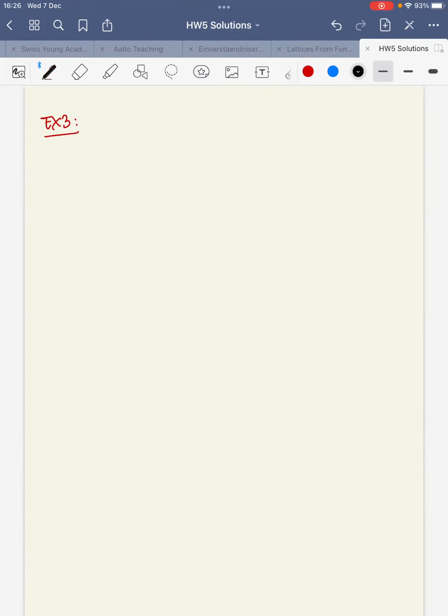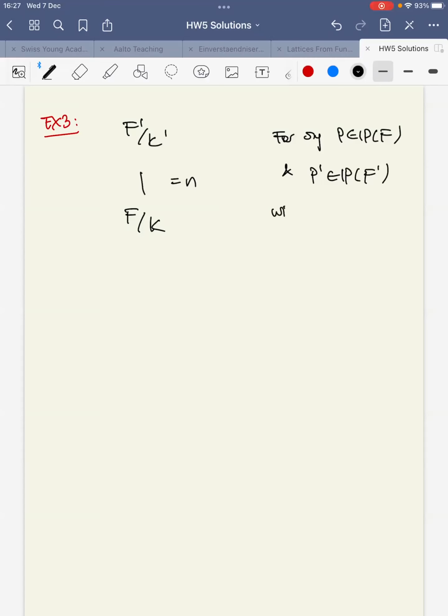For the third statement, we are given a finite extension of a function field, which is denoted by F' over k'. And we suppose that the extension degree is n. Just recall that for any place P in the base field and P', which is an extension of P, we have the fundamental equality.